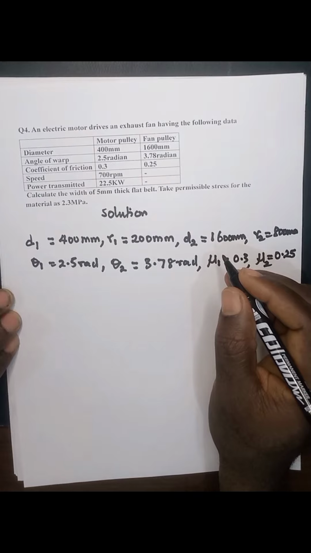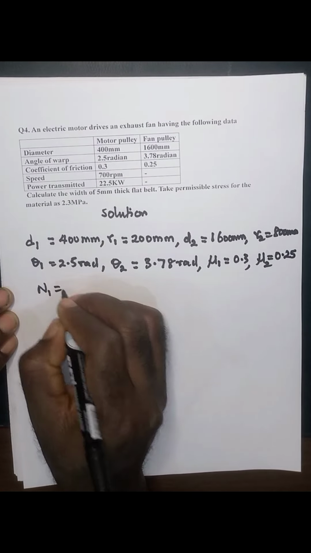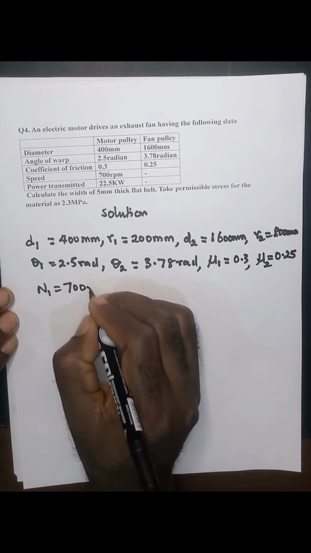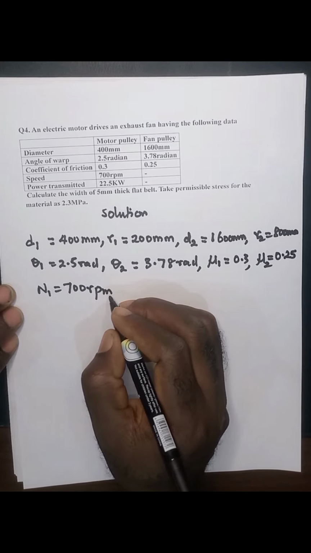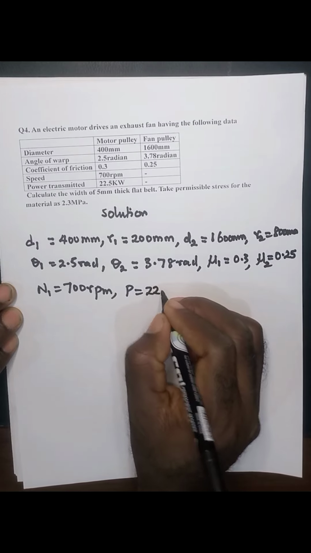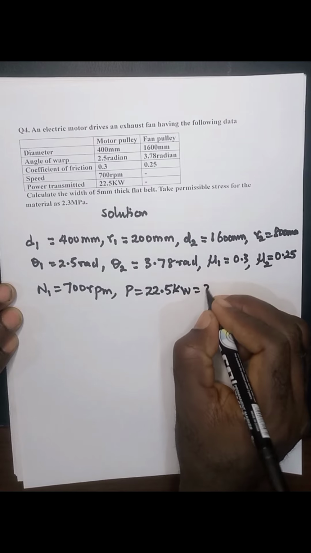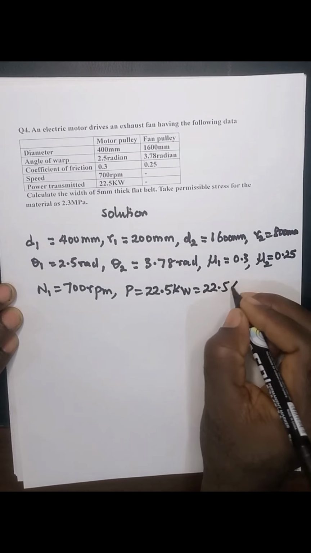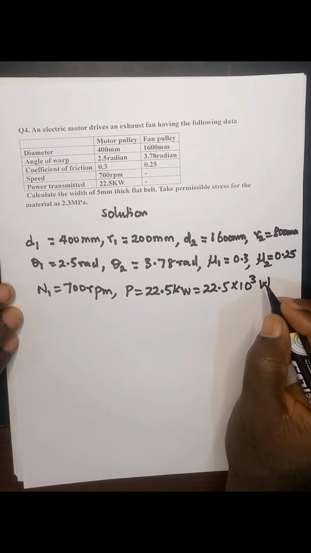And again, we are given the speed of rotation of the motor pulley N1 as 700 rpm. We are also given power transmitted, which is 22.5 kilowatt, which is equal to 22.5 times 10 raised to power 3 watt.